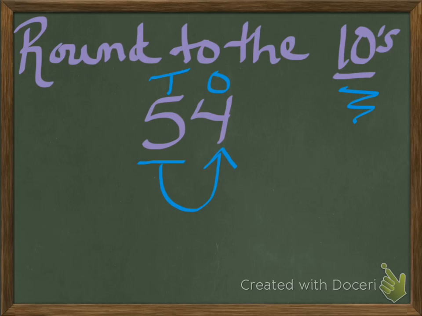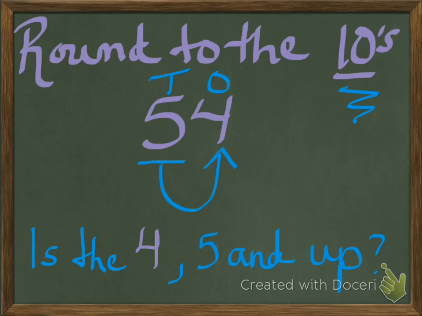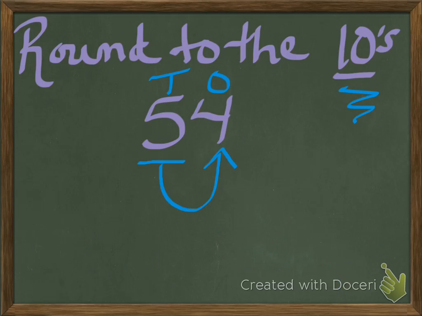And you ask yourself, is the 4 5 and up? So 4 is actually not 5 and up, it's lower than 5. So the 5 stays the same and the 4 actually turns into a 0. And I'm sure you recognize that 50 from when we did the timeline.